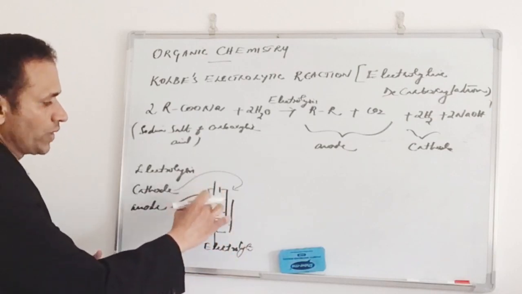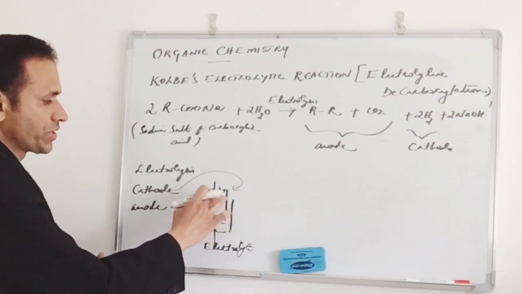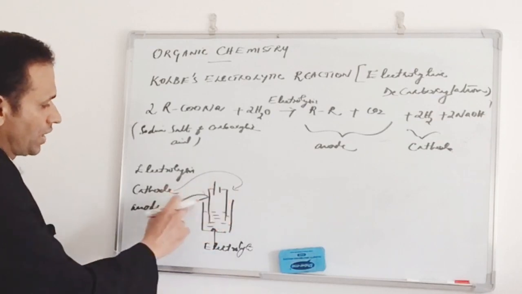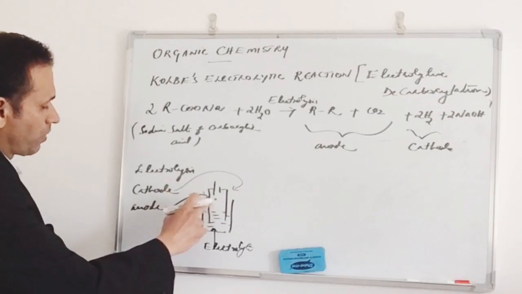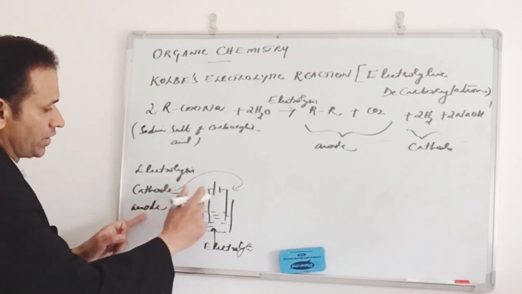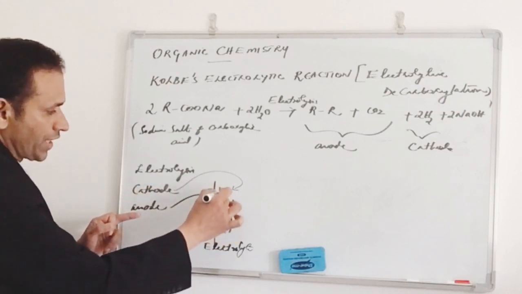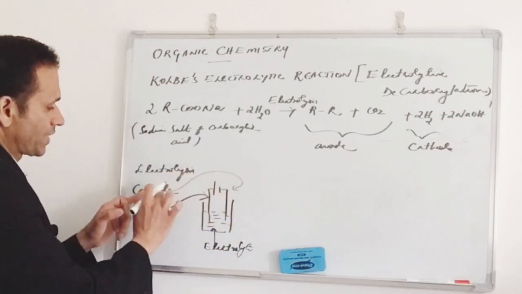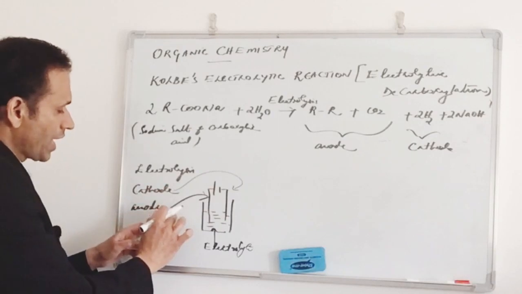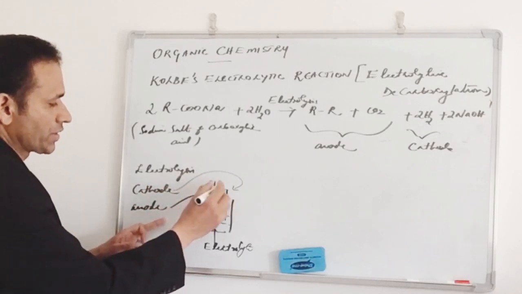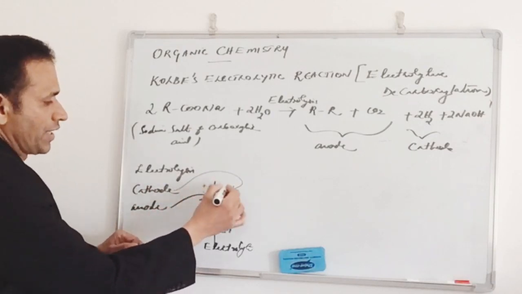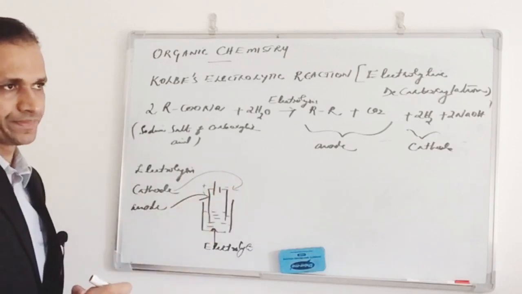There are two electrodes here connected to the positive and negative terminals of the battery. The electrode connected to the positive terminal of the battery is called the anode, and the electrode connected to the negative terminal is called the cathode. Generally the anode has a positive charge, and the cathode has a negative charge.